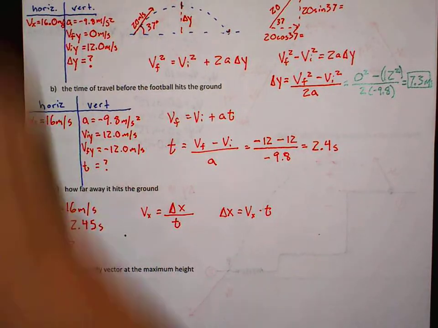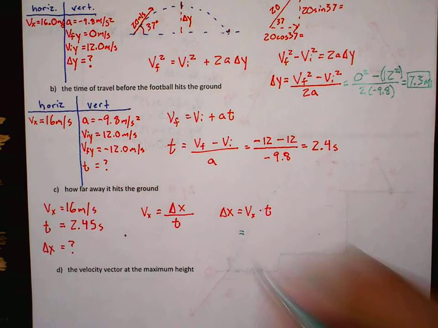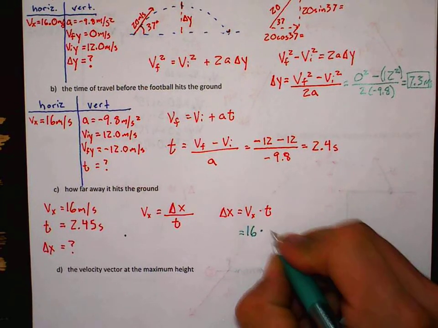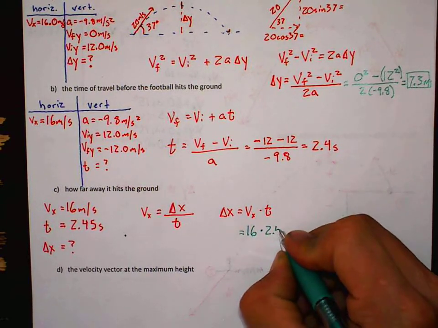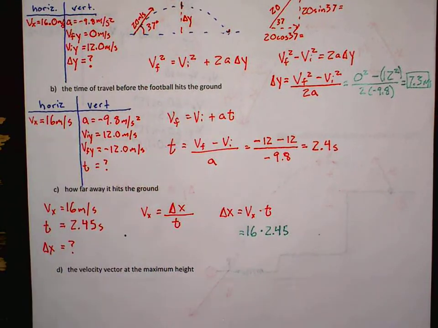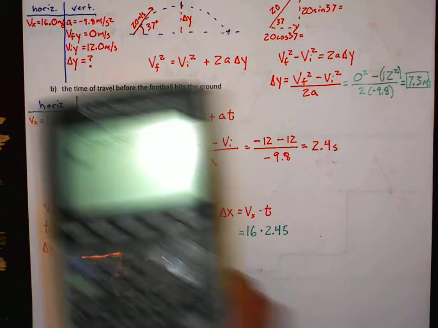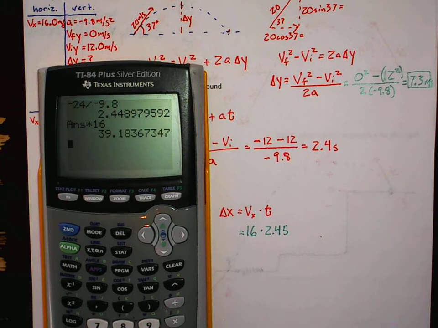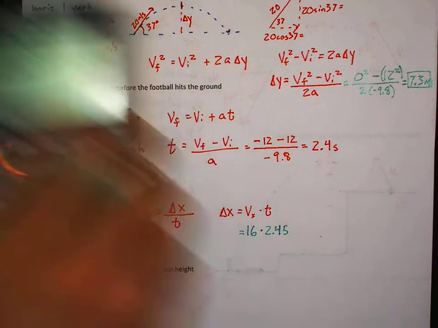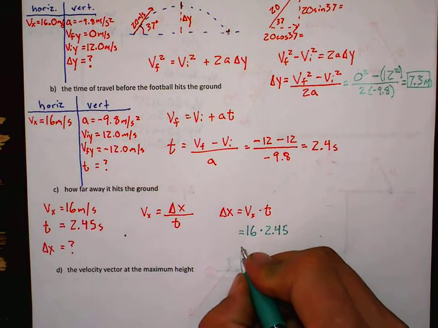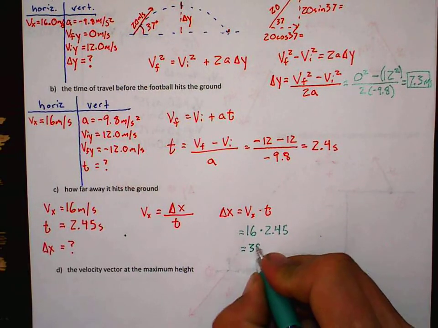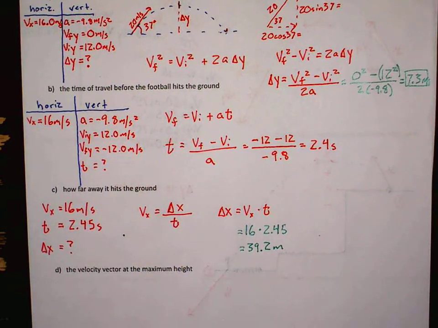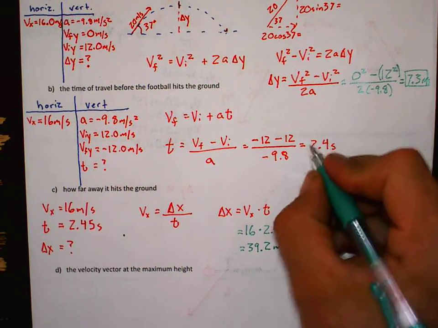And so it's just multiplication. 16 times the 2.45. And we get 39.2. Okay, and that finds the horizontal range.